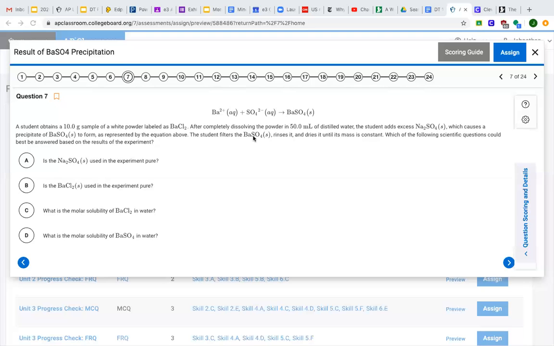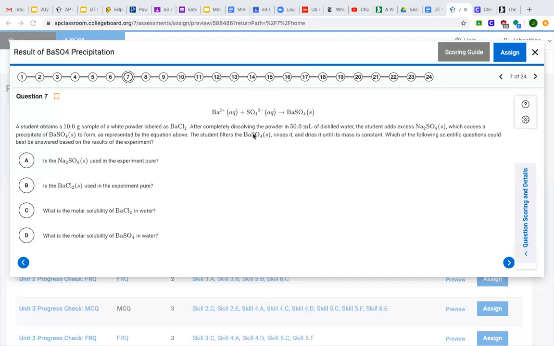Because you know the formula for this ionic compound, and because you know all of the molar masses of its constituent atoms, you can calculate exactly how many moles of barium you have in your final product.